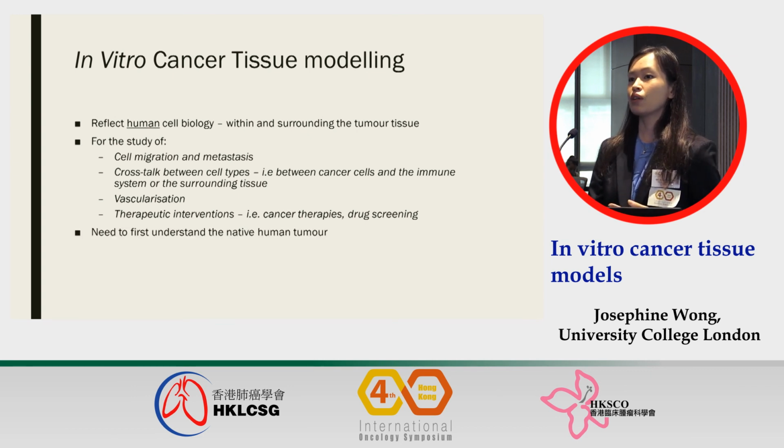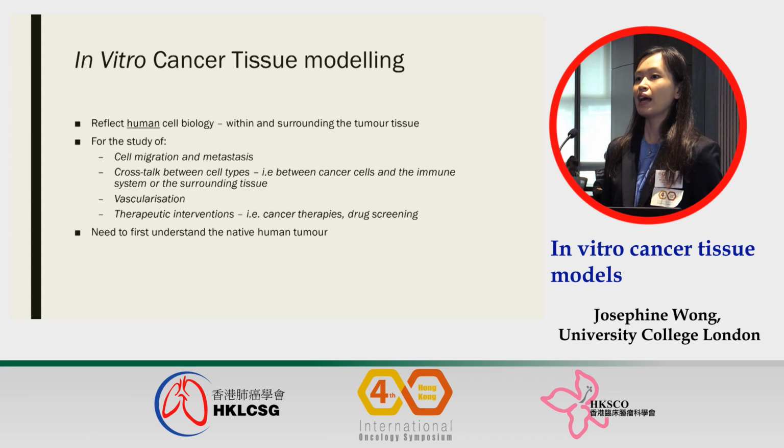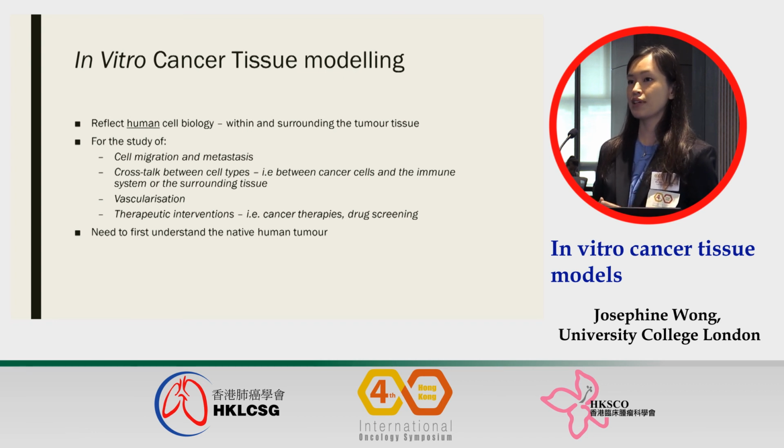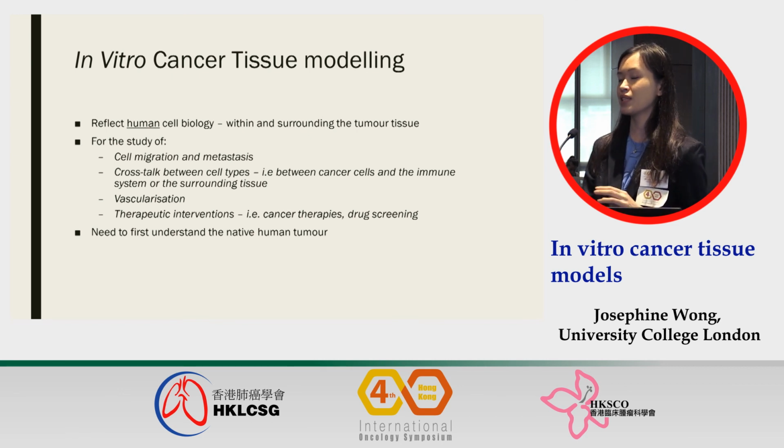So in order to do all of this, it's first important to identify what the native tissue environment is and what components you need to build into this in vitro model to create the cancer tissue of your choice, which obviously will depend on the tissue type.